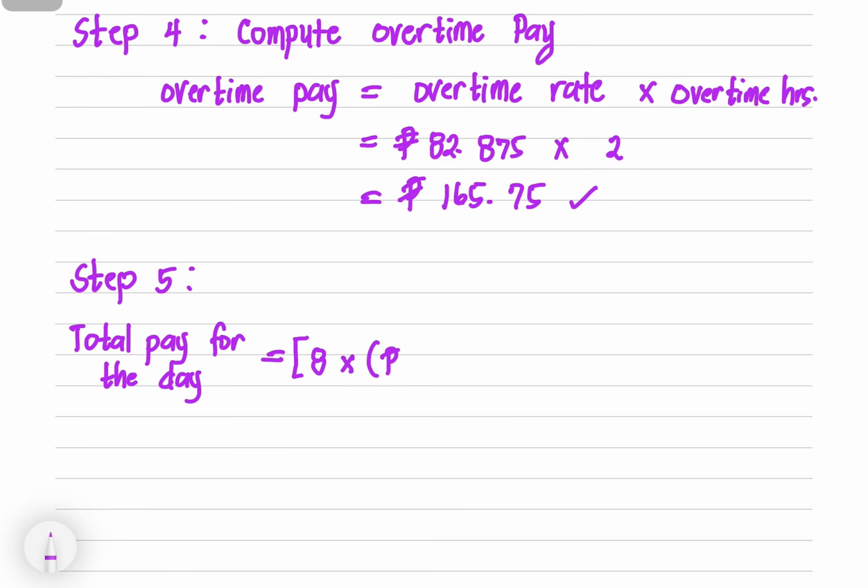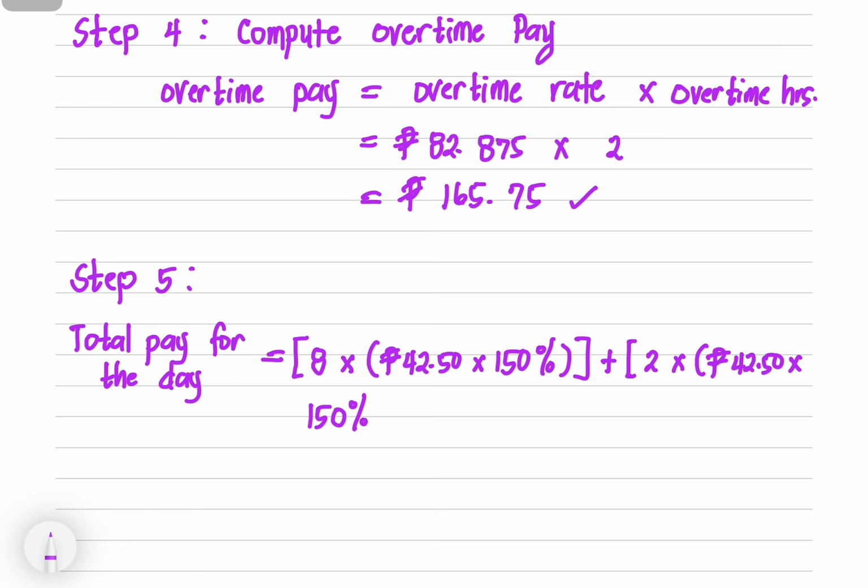So, it will become 42.50 times 150%. And then, close natin yan, plus, since meron tayong 2 hours na OT or overtime, so 2 hours times, ulitin lang ulit natin, hourly rate, which is 42.50 times 150% times 130%.